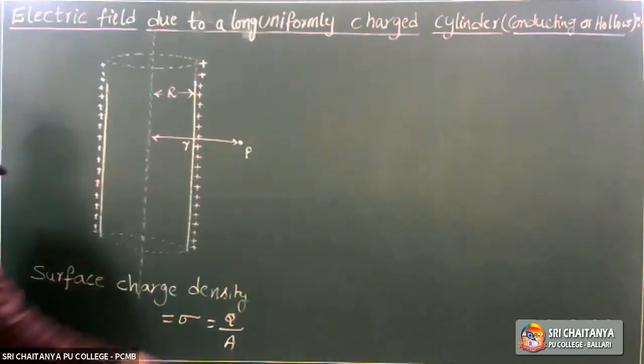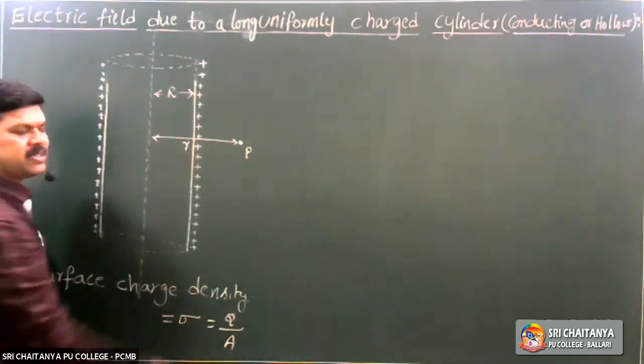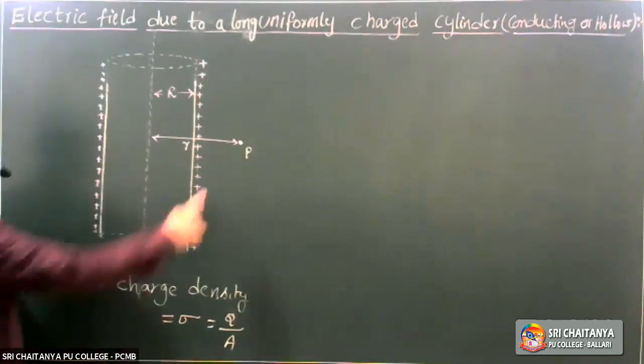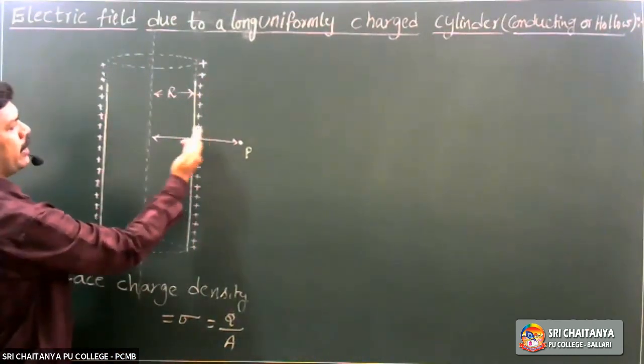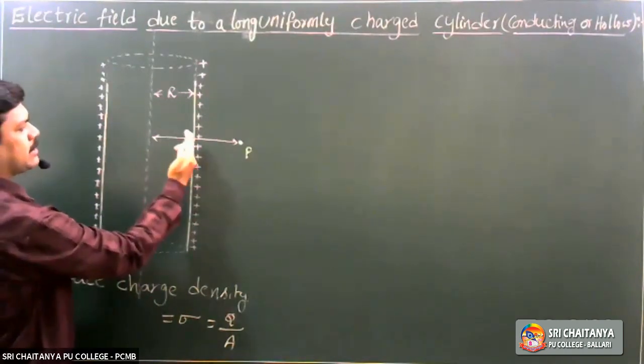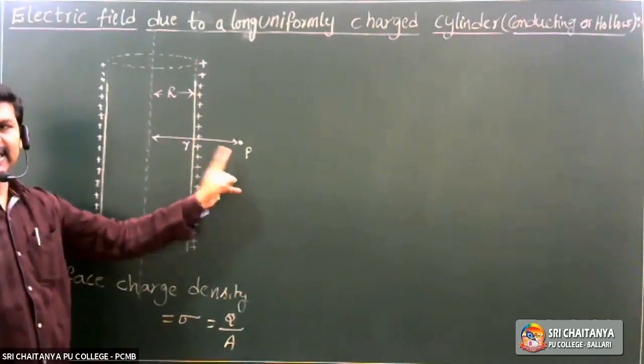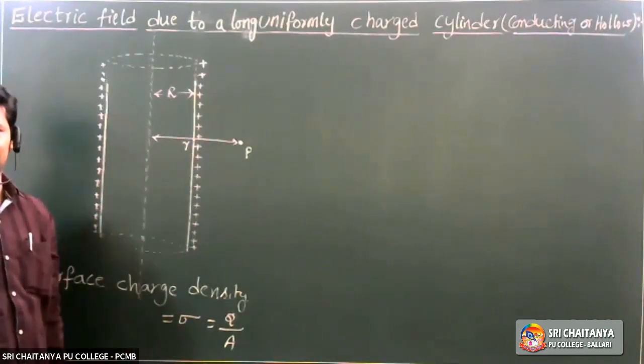You are asked, what is the electric field at this point? If you see, the point is not inside, it is not on the surface, it is outside. So P is a point outside of the cylinder, right?